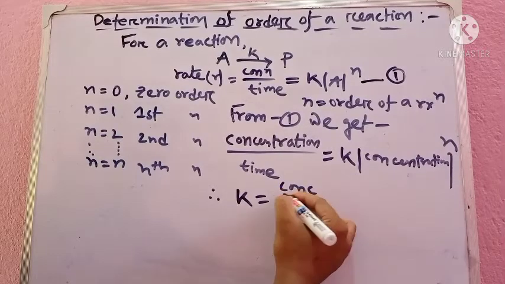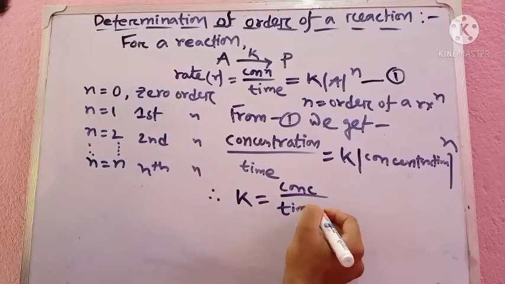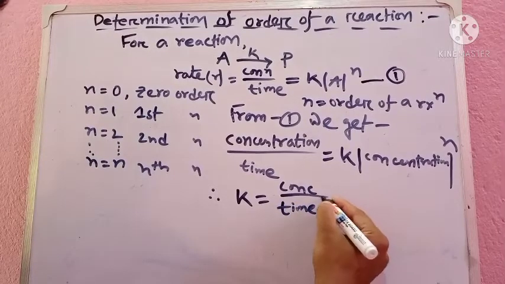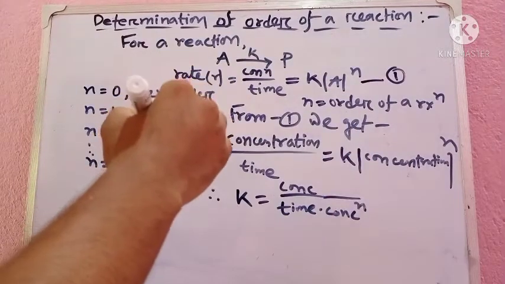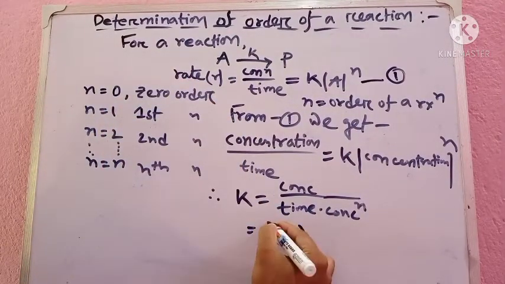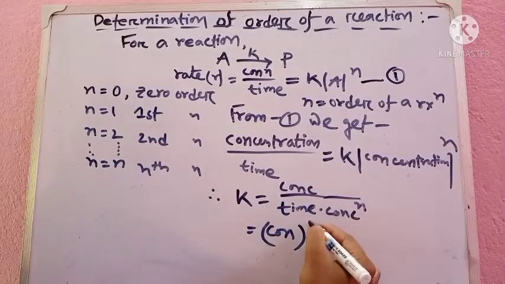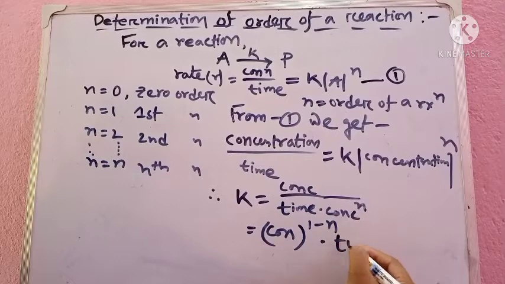Now k equals concentration by time into concentration to the power n, then equal to concentration to the power 1 minus n into time inverse.